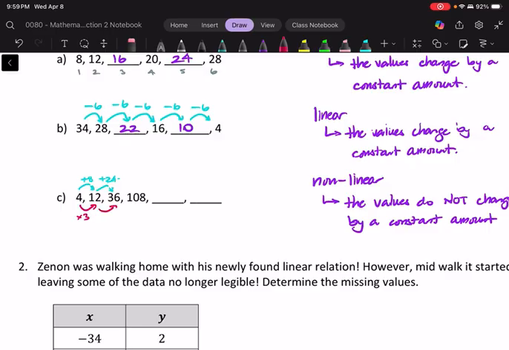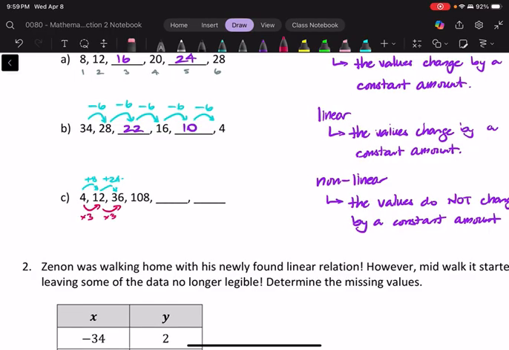And 12 times 3 does give me 36. Seems good. 36 times 3 does give me 108. So, okay, it's some other kind of relation. It's an exponential relation. But you might not need to know that until like grade 12, who knows.